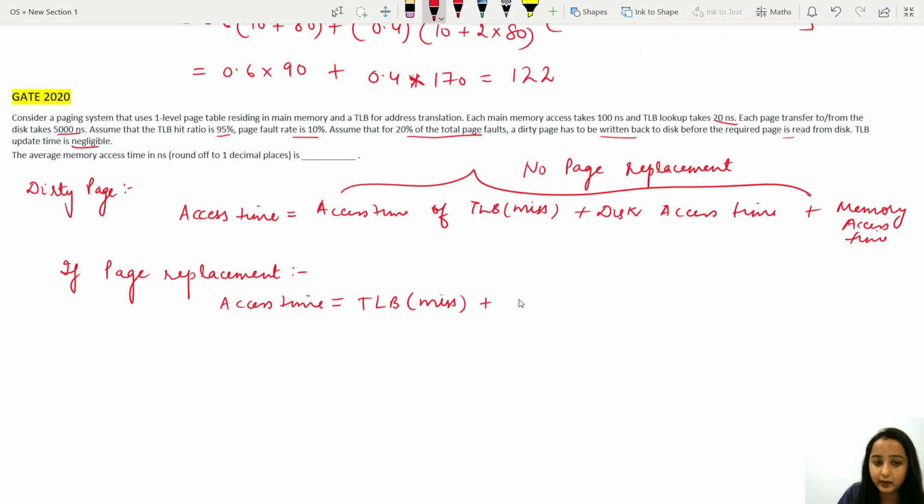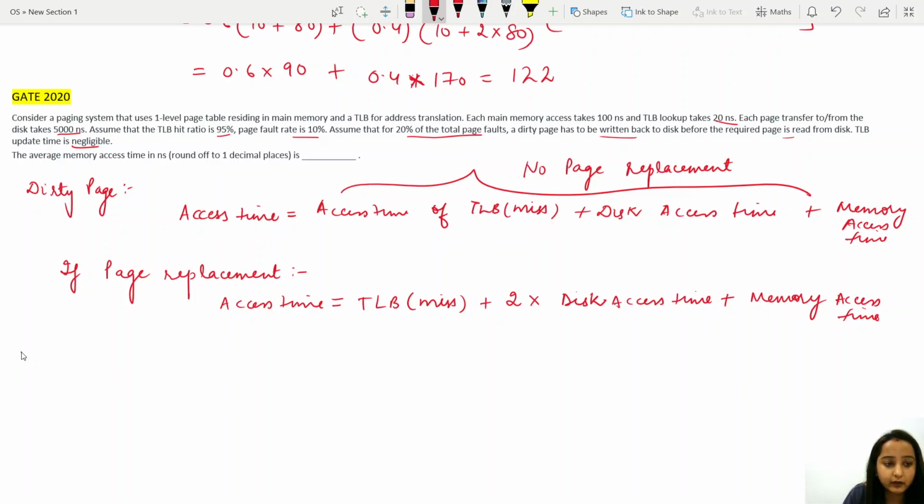So it will be TLB miss plus twice the disk access time, because the disk will be accessed twice, plus memory access time.